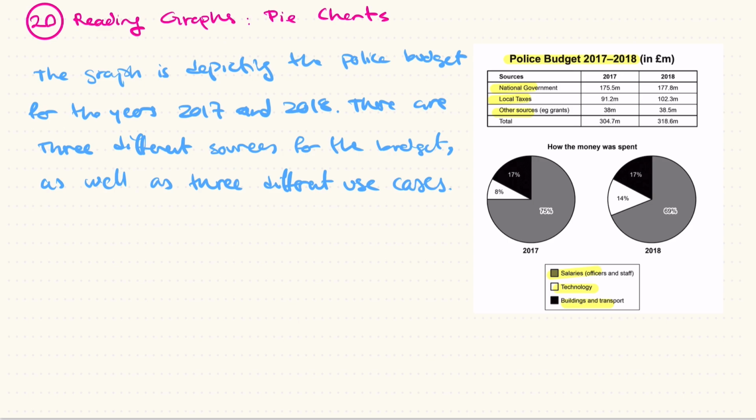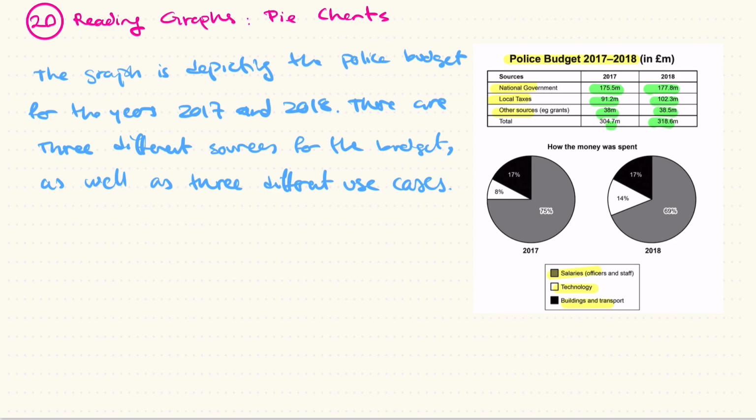So the details are, for example, here in the national government, in 2017, the budget for the police was 175, and in the year after, it changed to 177. Local taxes from 91 jumped to 102. The other sources didn't change that much, and the total changed by a little bit, let's say about 5%.